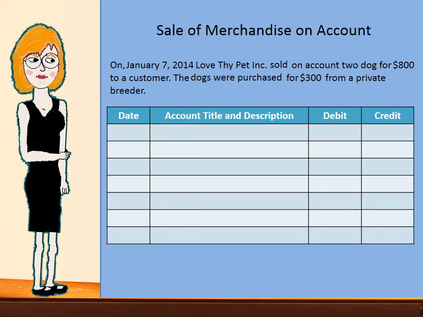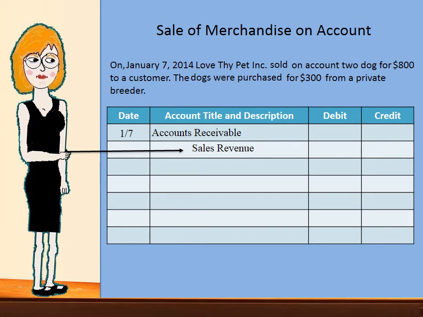Sale of merchandise on account. On January 7th, which is the date, we'll put 1/7, we sold merchandise on account, 2 dogs for $800 to a customer. Since we sold on account, we will use accounts receivable.